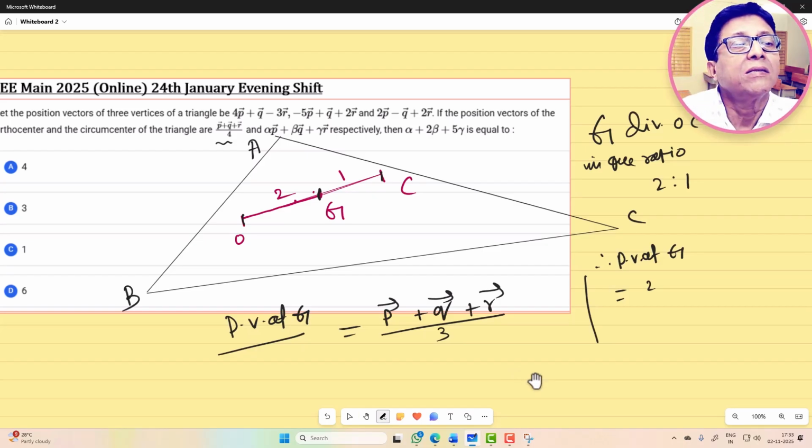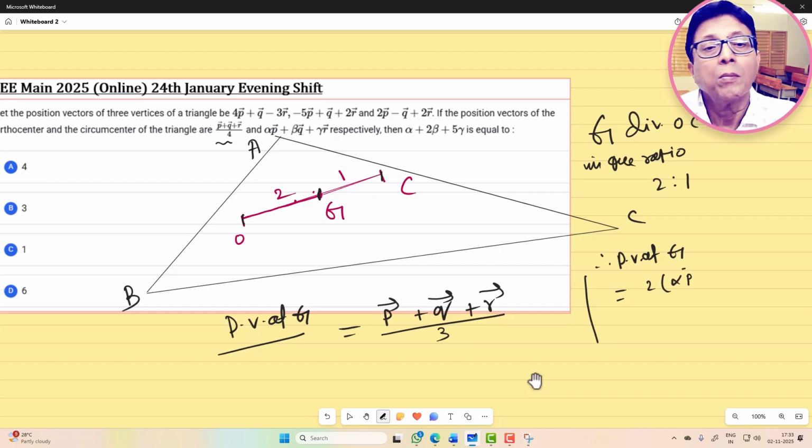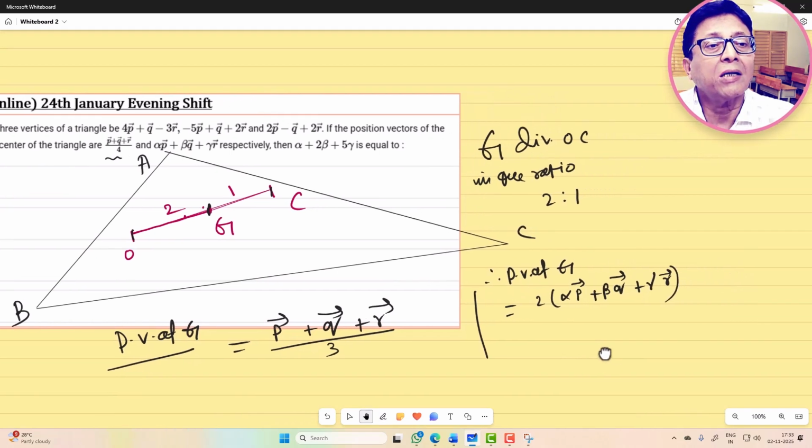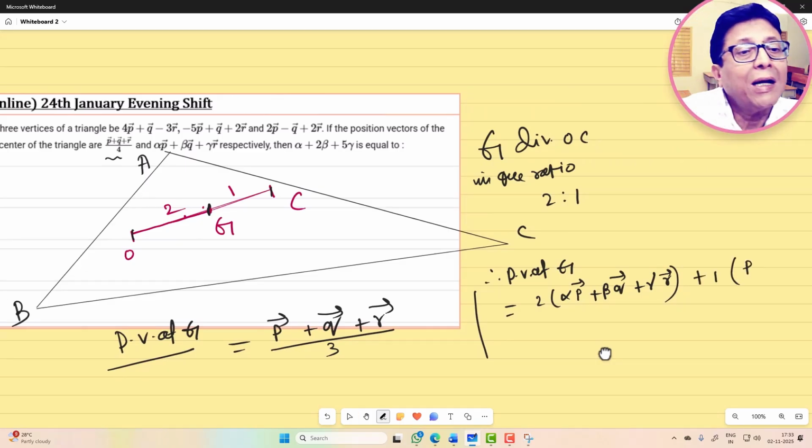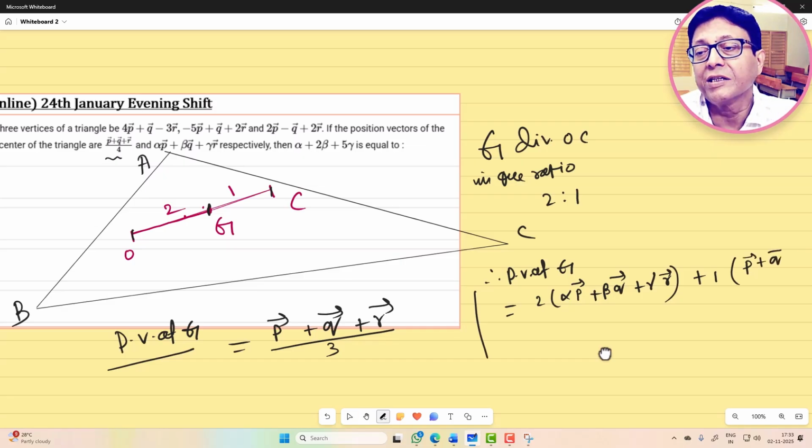C means circumcenter. 2 into alpha P, beta Q, gamma R, plus 1 into the orthocenter they have given, P plus Q plus R, divided by 4.